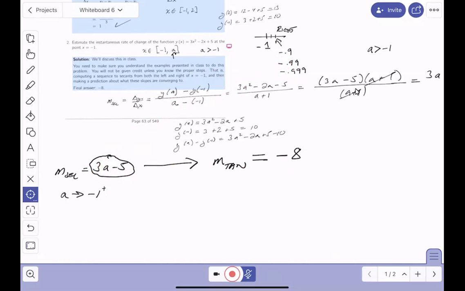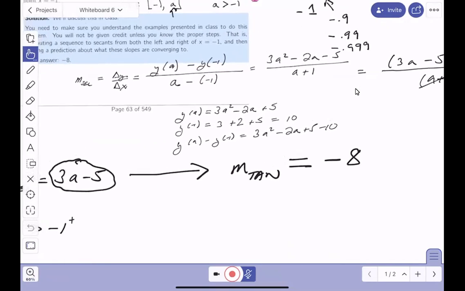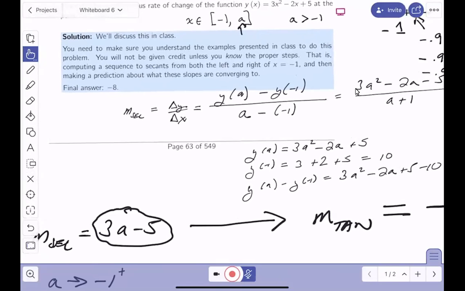Let me read through this over here and make sure you understand that we're trying to read through things for you. And we're trying to encourage you to read too, by the way. You need to make sure you understand the examples read in class to do this. Granted, I may do things a little bit differently sometimes. You will not be given credit unless you know the proper steps. That is computing a sequence of secants from both the left and right, and then making a prediction about what those slopes are converging to.